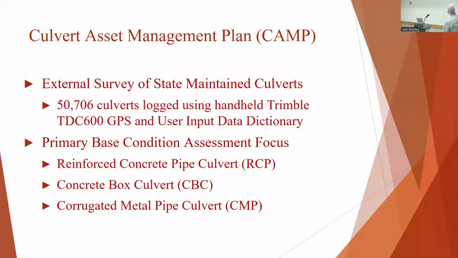Over the 4 years, we surveyed almost 51,000 culverts using a handheld GPS device and a data dictionary. We were trying to come up with a base condition assessment of the major 3 types of culverts that are used in the state: reinforced concrete pipe, concrete box, and then corrugated metal.